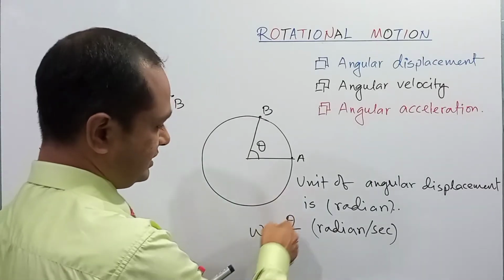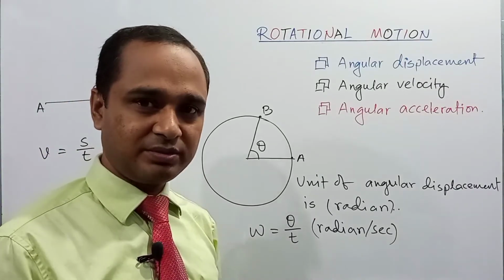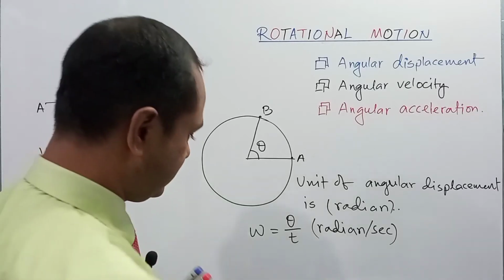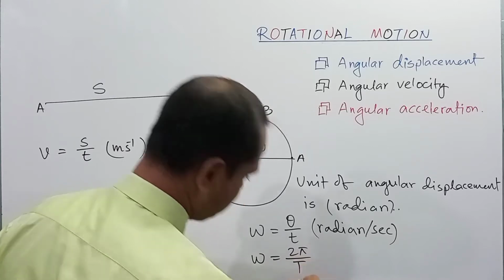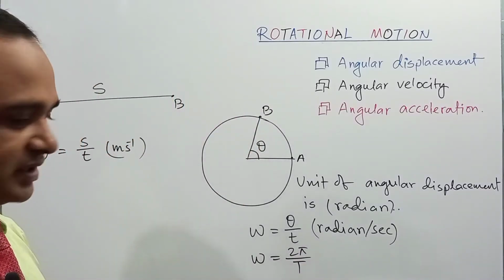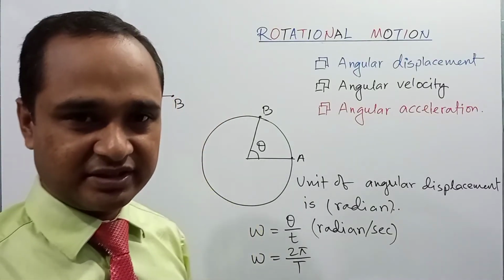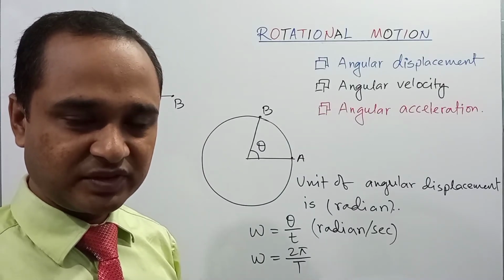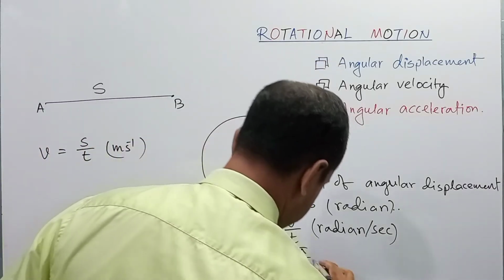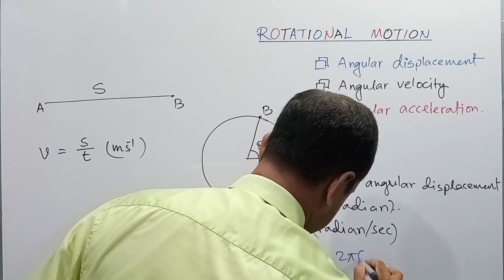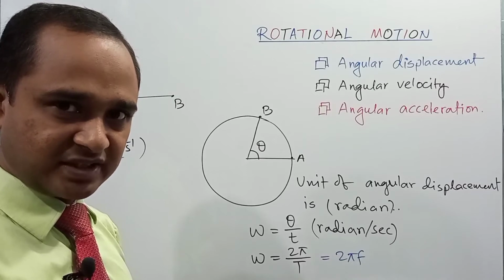So if the value of theta is twice pi, the value of t will be the time period T. In that case, omega is equal to twice pi divided by T. Again, you know there is a relation between time period T and frequency f: f is equal to 1 by T. So you can express the value as 2 pi f, because f is equal to 1 by T, right.